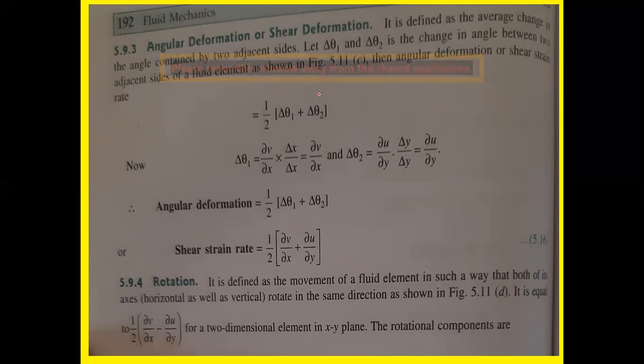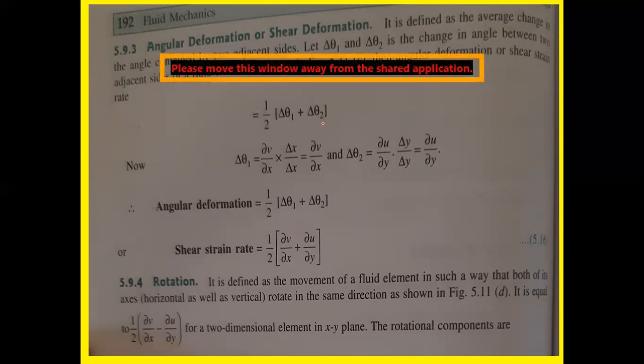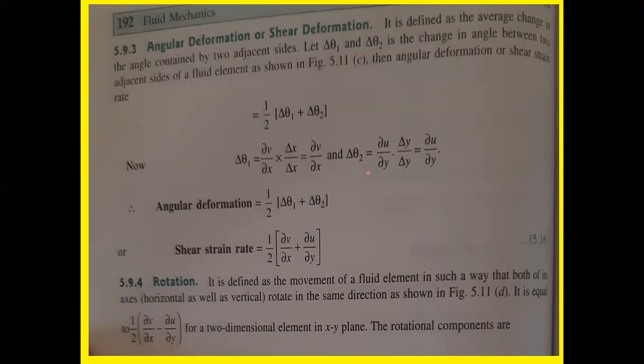Then angular deformation can be written as half of delta theta 1 plus delta theta 2. Now delta theta 1 is equals to dou v by dou x into dou x by dou x, that is equals to dou v by dou x, and delta theta 2.